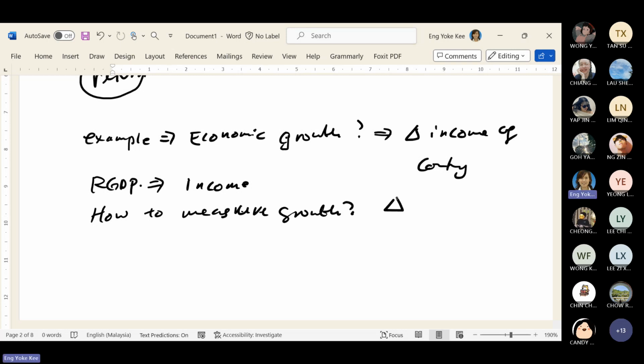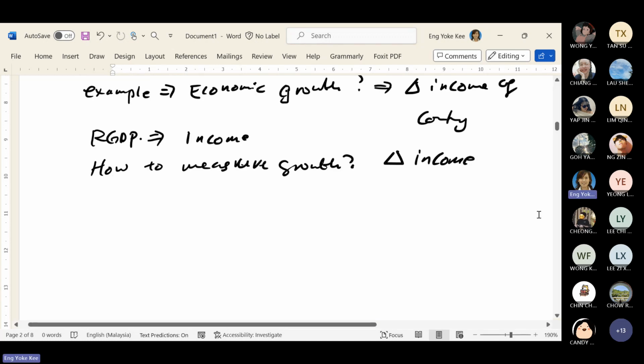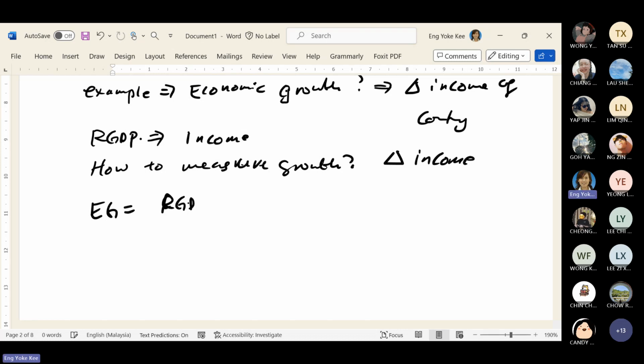So we know it is change in the income. Okay, so how do you measure change in the income? So economic growth is equivalent to what? Real GDP this year minus real GDP last year, divided by what?